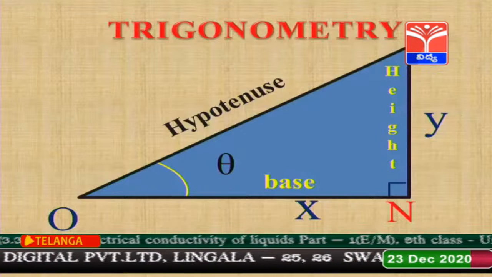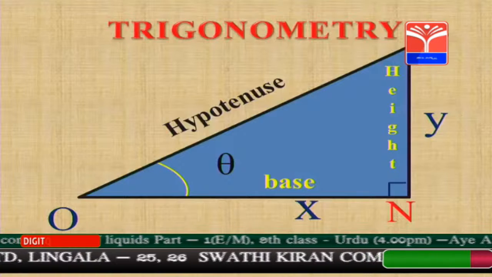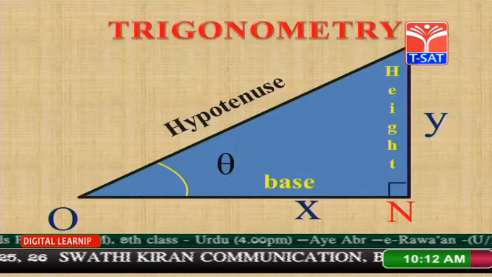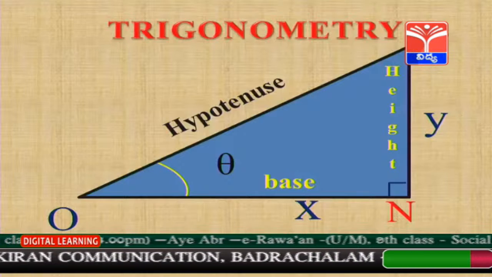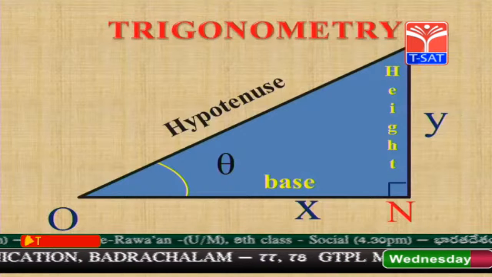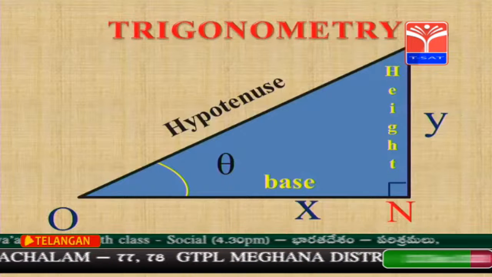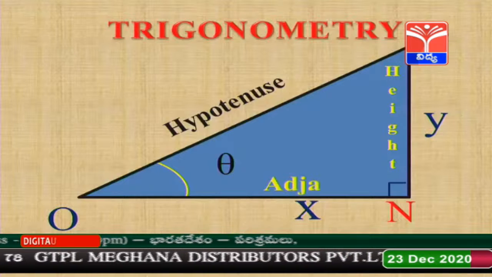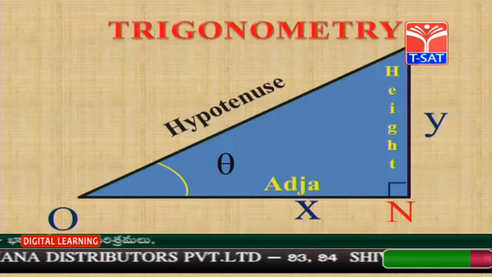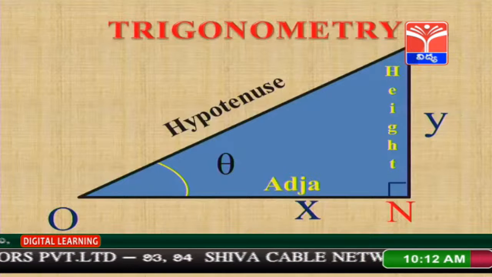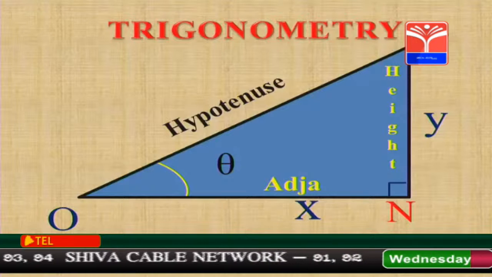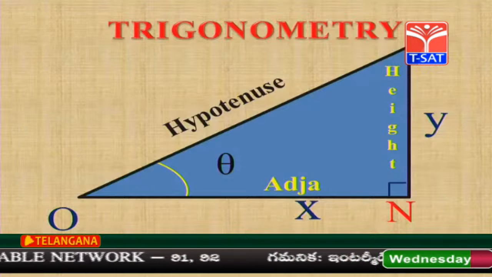Now, you are able to see that there are two sides which are associated with the angle theta, that is On as well as OP, and already OP is said to be the hypotenuse. So, I will be calling On the adjacent side, but here we have observed that Pn is not in contact with angle theta, that means it is on the opposite side.